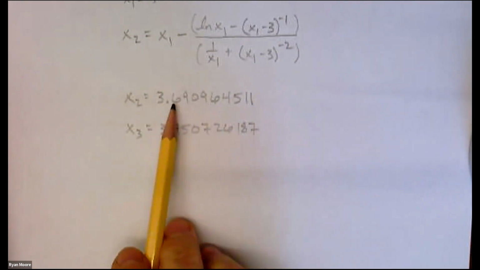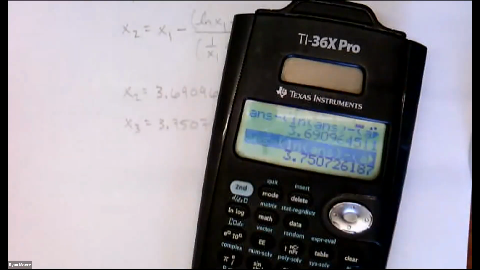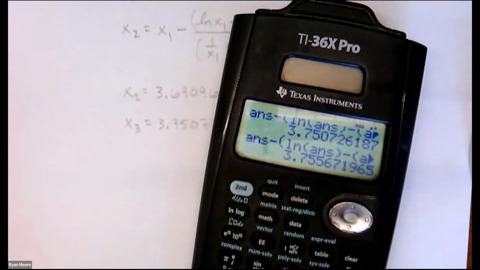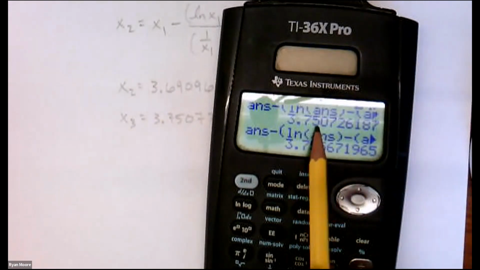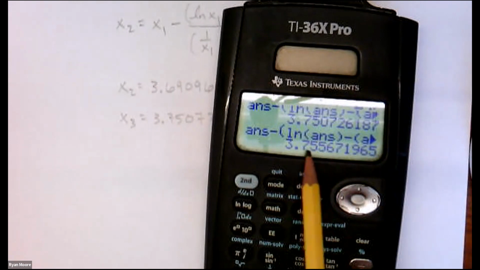3.7507262187. Okay. It's getting a little bit more accurate. Let's do it again. What are we looking for? Aha, here we go. Notice when I did the 4th one, some of those decimal places repeated.